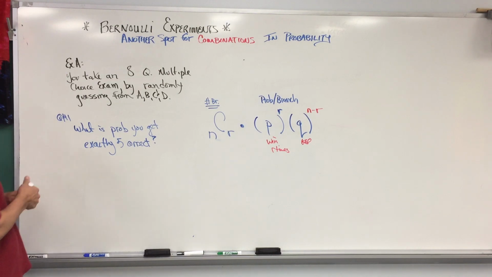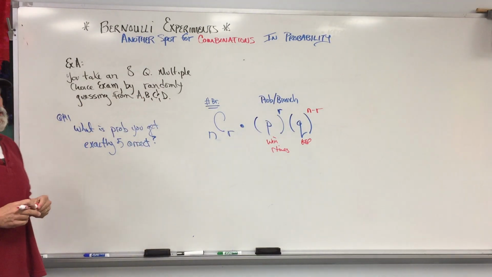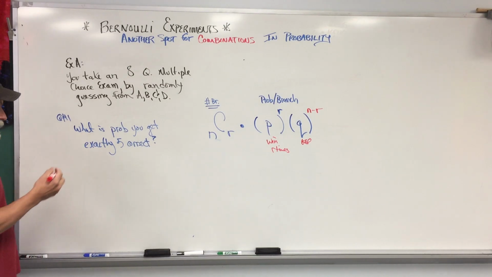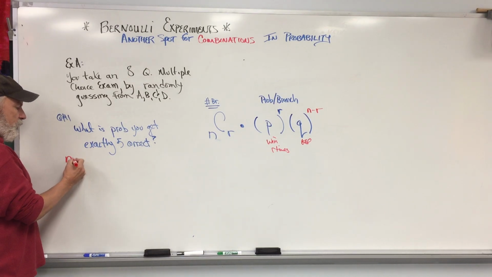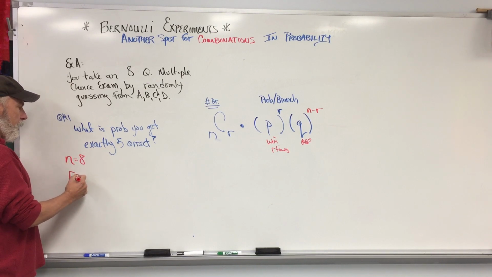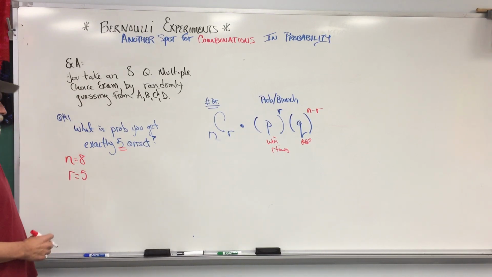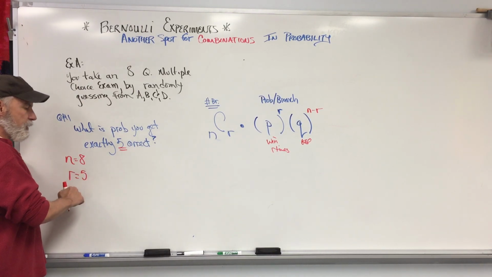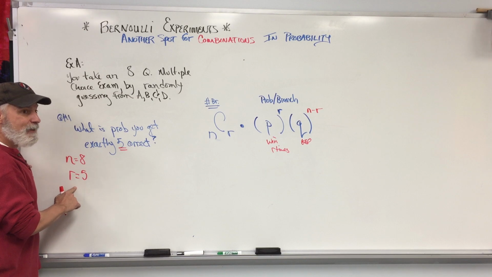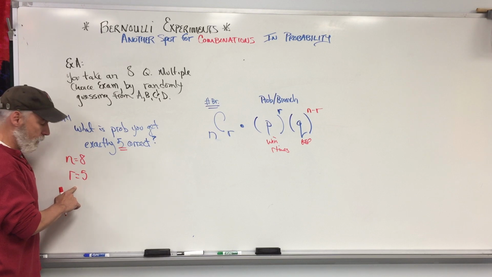Okay? Well, we've got to think about these numbers. We have to be able to tell you these letters for the formula. So N is pretty easy because we've got 8 questions. You know that R is 5 because they're asking you to get exactly 5 correct. So it's 8 questions, 5 correct, which by the way means there's 3 incorrect. If you get exactly 5 correct, the other 3 must be wrong.